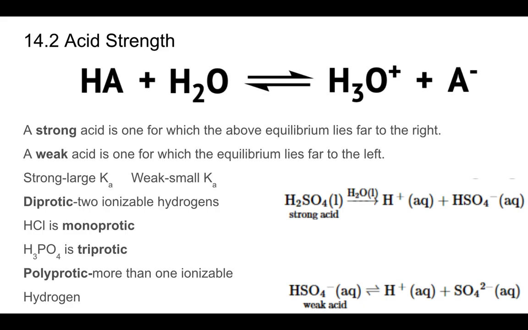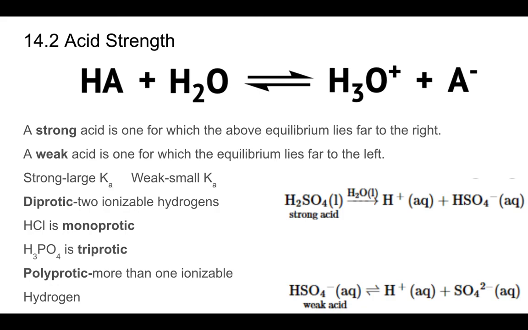Though at the last few AP conferences that I've been to, there's been a general shift in the way AP handles H2SO4, in that they generally treat both H's as strong. Now, I don't agree with it. I don't think it's right to say that both H's on H2SO4 are strong. You can prove with the math that it's not the case.